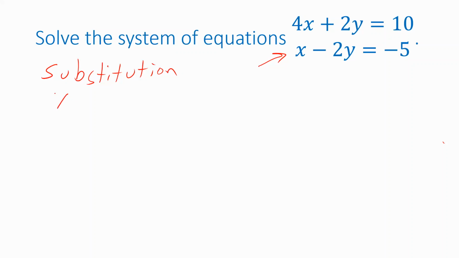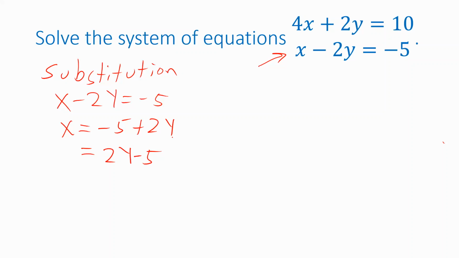So because I have x minus 2y equals negative 5, I can isolate the x in this equation, and if I add 2y to both sides, I get minus 5 plus 2y. Of course, a simpler way to write that, so that you have one less symbol to write, is 2y minus 5.